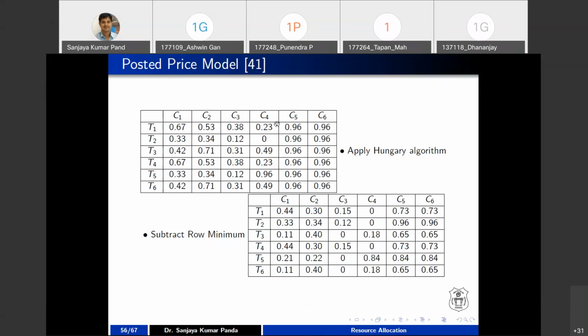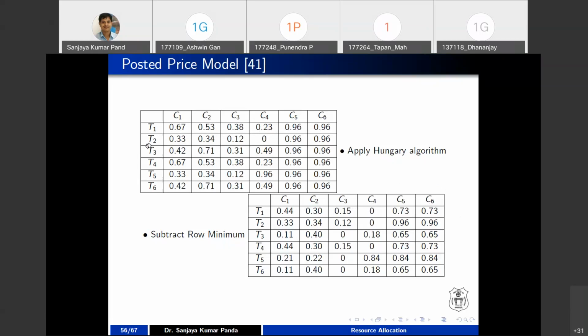Once you find the row minimum, you subtract it from all other elements in that row: 0.6 minus 0.23, 0.53 minus 0.23, 0.38 minus 0.23, 0.23 minus 0.23, which leads to 0, 0.96 minus 0.23, 0.96 minus 0.23. So it will result in this row.